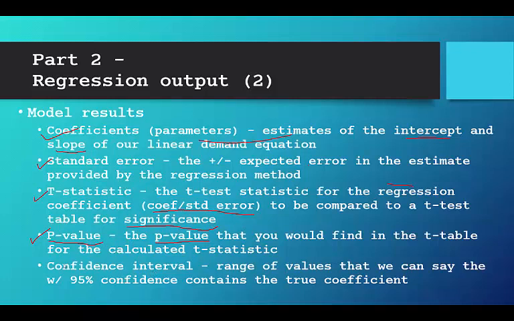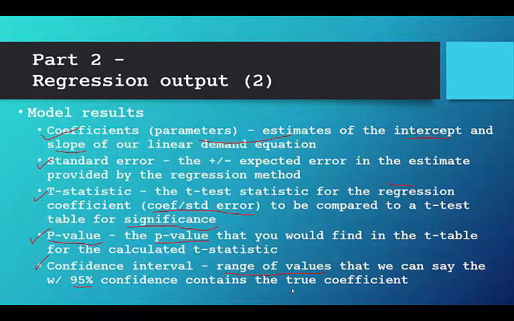And then finally, the confidence interval is presented as part of the results. The confidence interval you probably have the most experience with, and that just gives you the range of values, some value above and below your coefficient, that you could say represents the range that you are 95% confident contains the true coefficient.